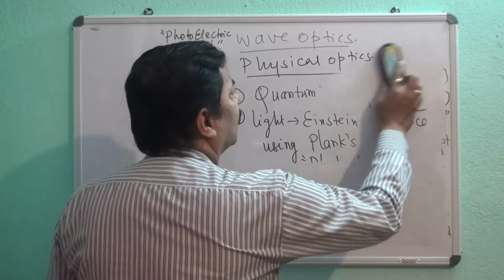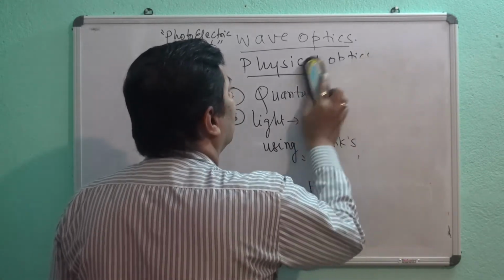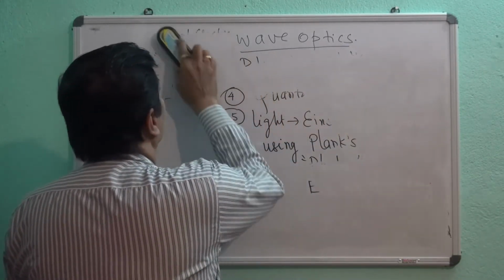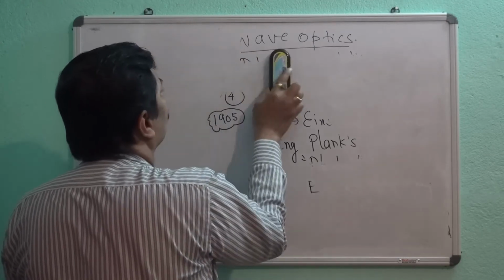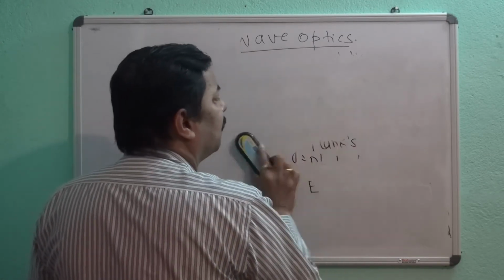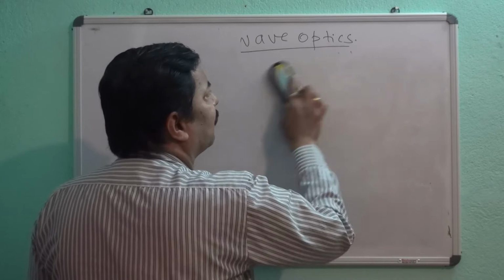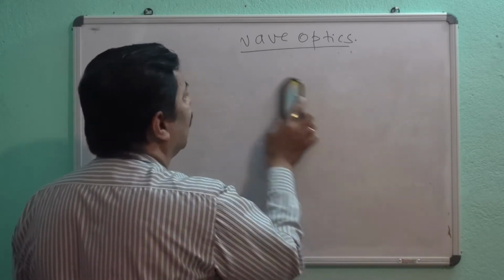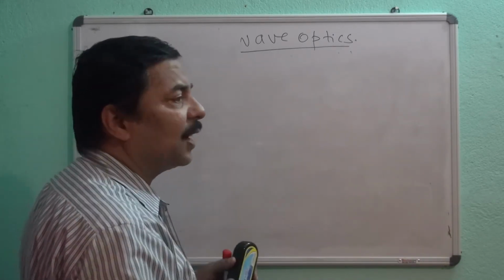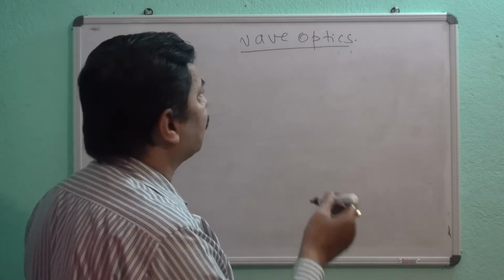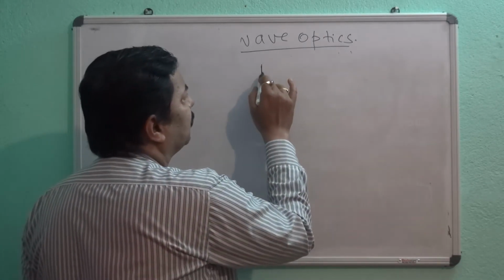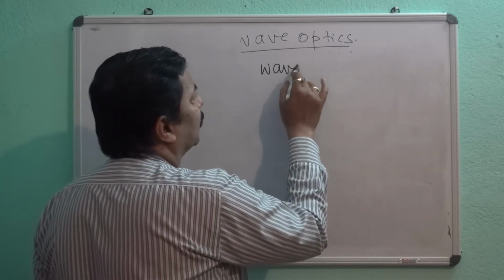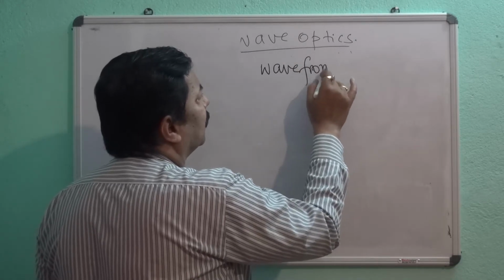So we are now trying to understand the wave theory of light, and in the wave theory of light given by Huygens, light travels in the form of wavefront. So the first concept is the wavefront.